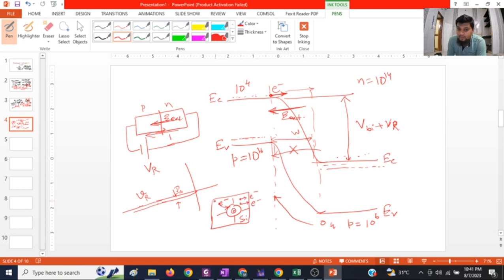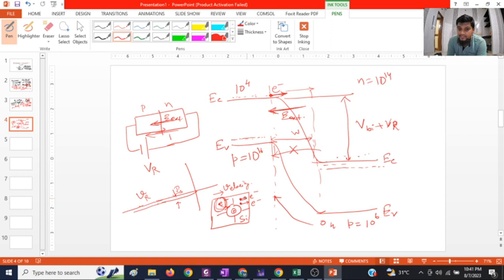With all the energy it gained while accelerating, some kinetic energy, it will create two electrons at rest. So the velocity was quite high, but after impact ionization, what will happen?